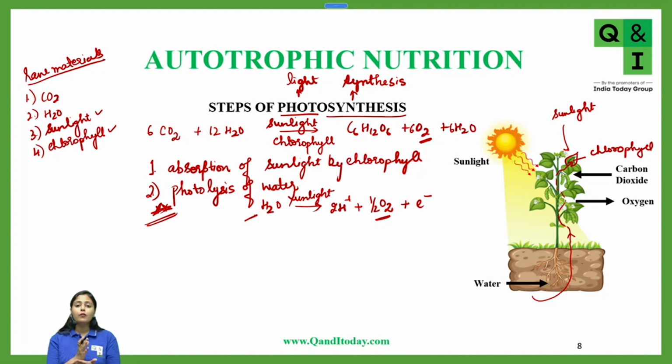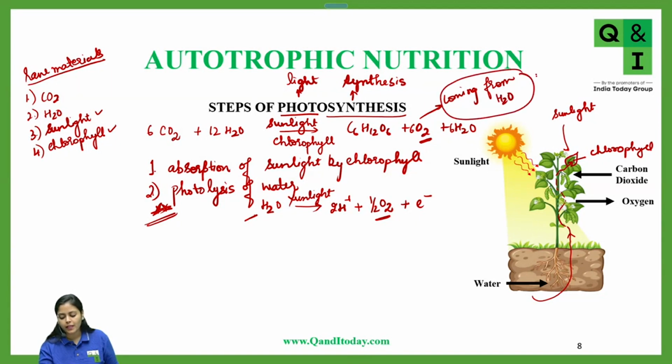Because whenever water breaks down because of sunlight, eventually oxygen is liberated. So one of the products of photosynthesis is basically coming from water. Please highlight this extremely important part: oxygen which is liberated during photosynthesis comes from the breakdown of water.